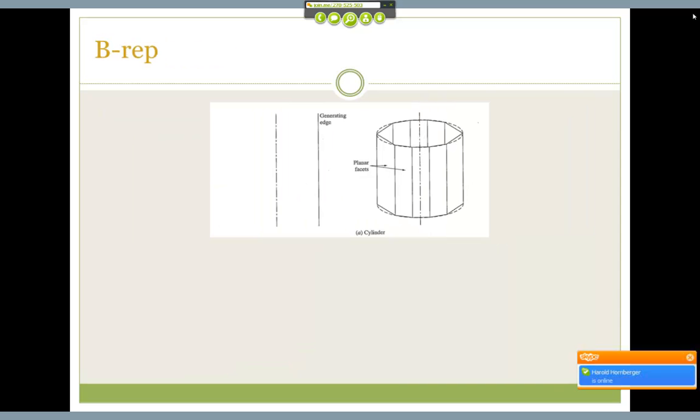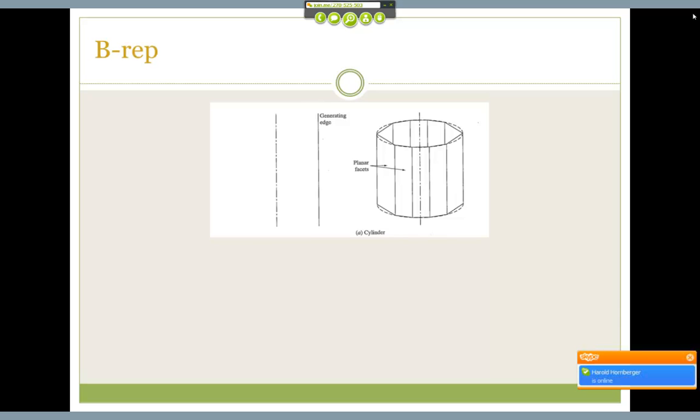In the section on BREP modeling, the whole discussion is based around the mathematics that we've talked about the last couple of times, the surface mathematics that we have generated. Early BREP modelers did it as a faceted approach.